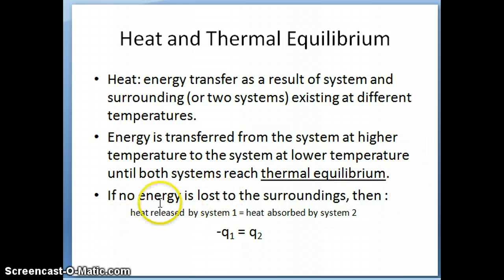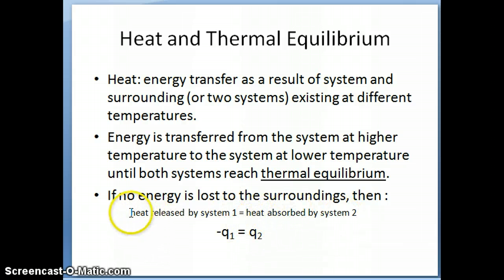Now, let's say you have two systems, and the two systems are insulated, and one system is at a higher temperature, the other at a lower temperature. The system at higher temperature is releasing energy to the system at lower temperature. If no energy is lost to the surroundings, then because of conservation of energy, the energy released by one system has to equal the energy absorbed by the other system.